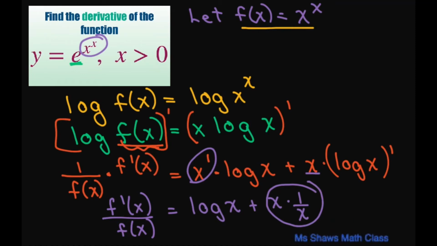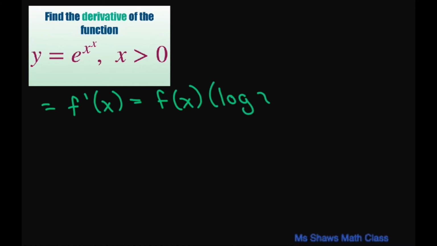Now that I have that, I'm going to cross multiply and bring this f of x up here. That's going to give me f prime of x equals f of x times log of x plus 1.